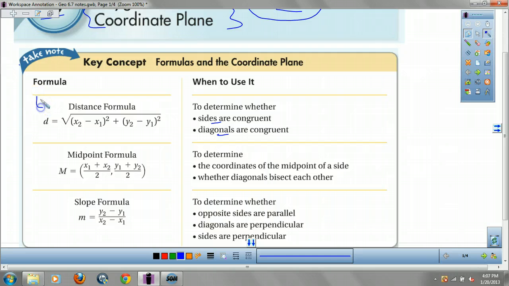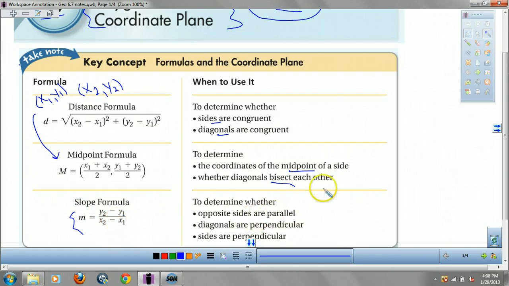And again, that's if you're given some point x1, y1, x2, y2. Same with the midpoint formula. It's used to find midpoints, used to see if things bisect each other. And slope formula, to see if they're parallel or perpendicular.